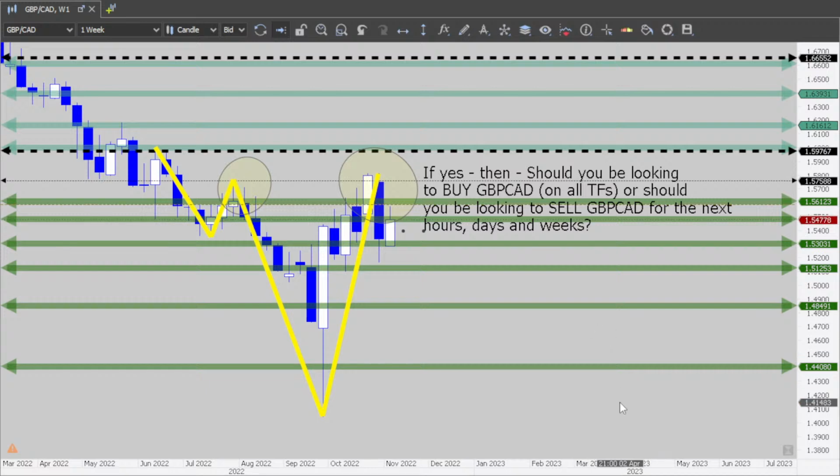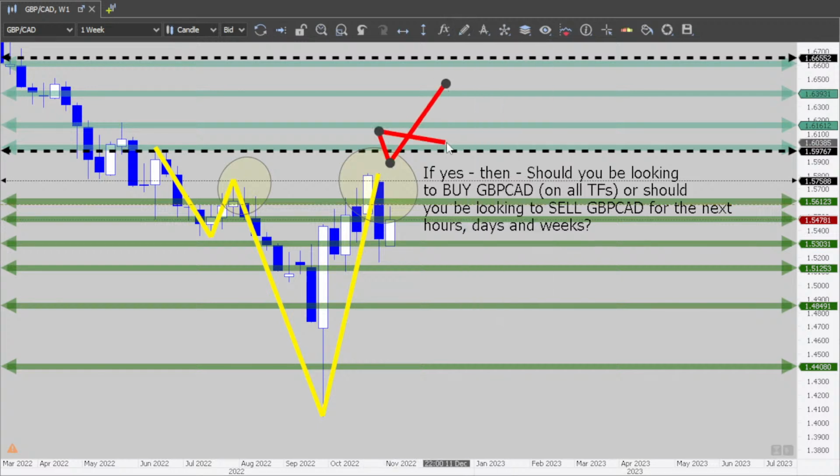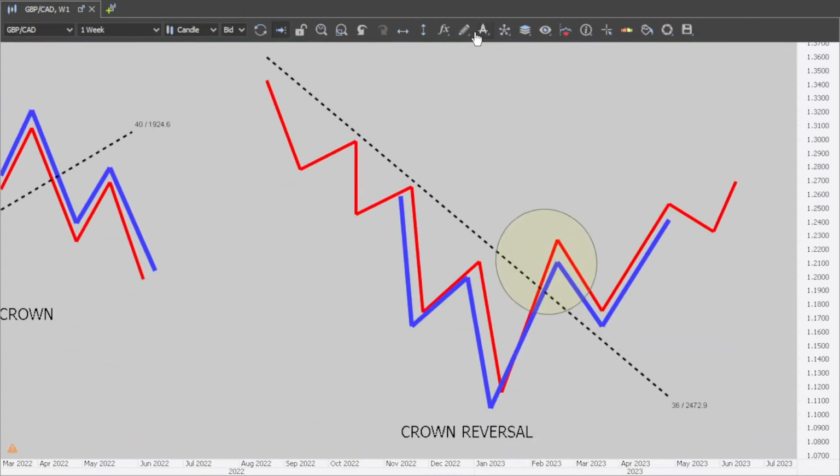Julius, if the market makes a higher high, what does this mean? Hedge fund trader Julius, you don't see the future, right?